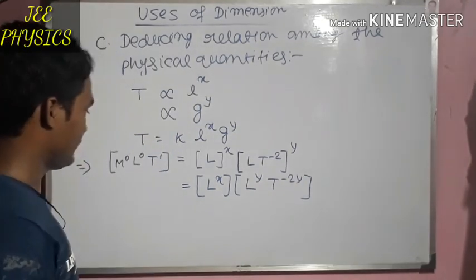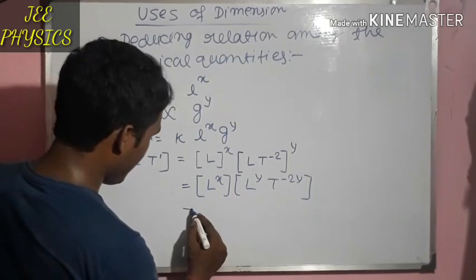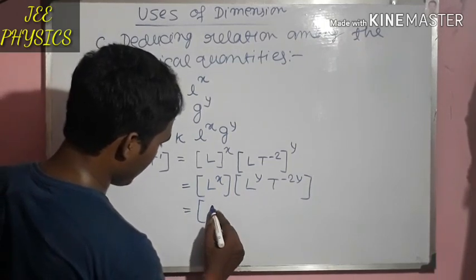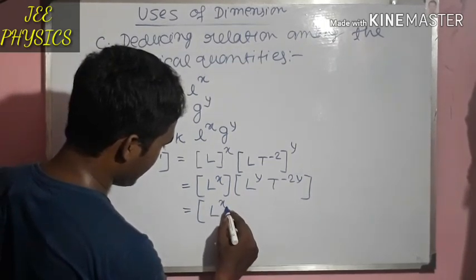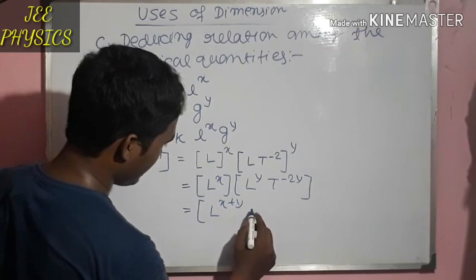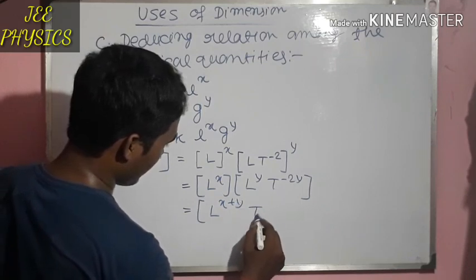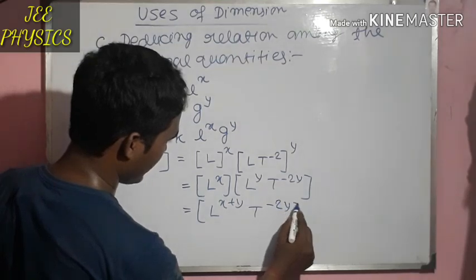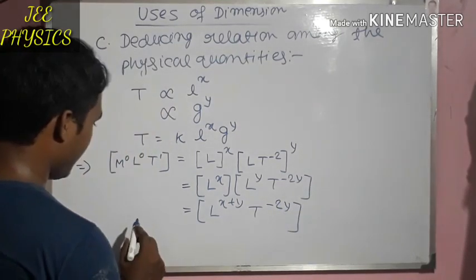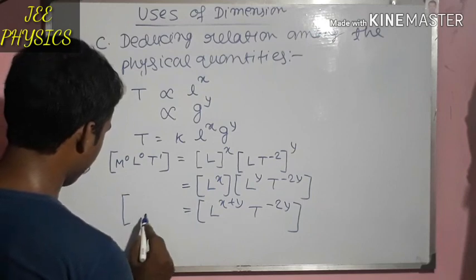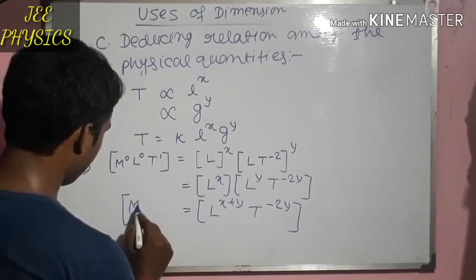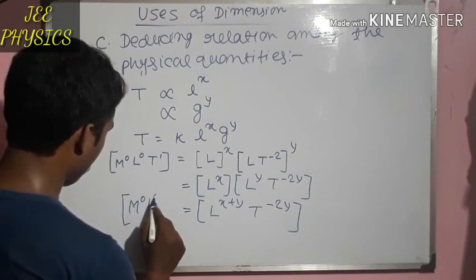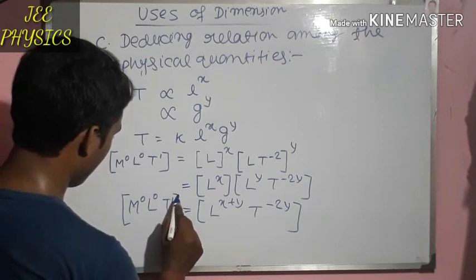Very simple. It is equal to L to the power x plus y, T to the power minus 2y. And here in the left side we have M to the power 0, L to the power 0, T to the power 1.